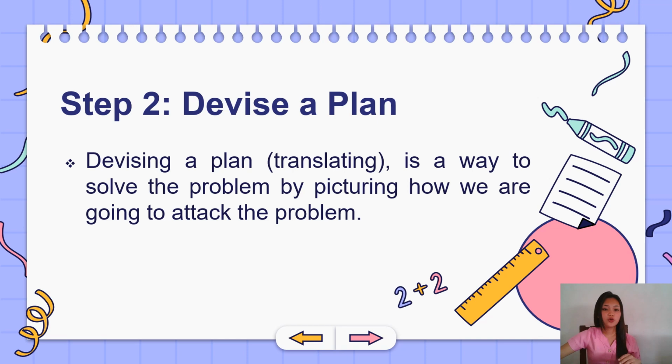This is also important in the process of solving because we will not get the answer if we are not going to plan or do some action on how we are going to solve the given problem or the problem that is being asked.